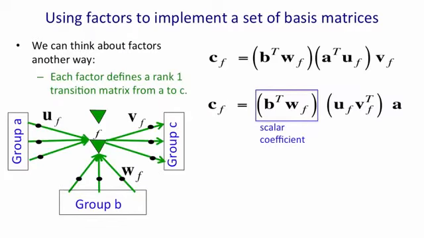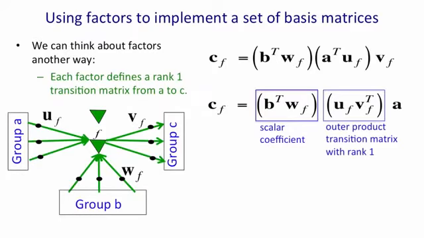So we get a scalar coefficient, we multiply a rank 1 matrix by that scalar coefficient to give us a scaled matrix, and then we multiply the current hidden state A by this matrix to determine the input that factor f gives to the next hidden state.